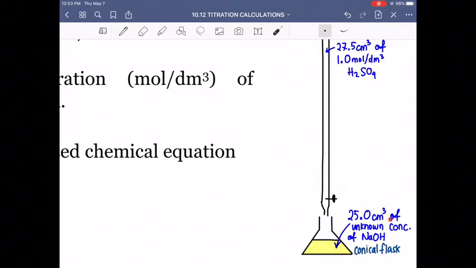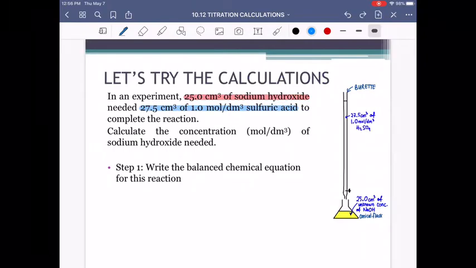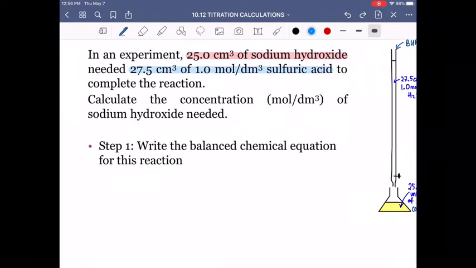Why is this fixed? Because of your pipette. Your pipette is fixed at 25 cm³. Remember this, the pipette bulb? Yes, this one. Sorry for my ugly drawing. I shall erase this. First step, before you start to calculate the concentration of sodium hydroxide, you need to write down the balanced chemical equation for this reaction. The first thing you have is your sodium hydroxide.